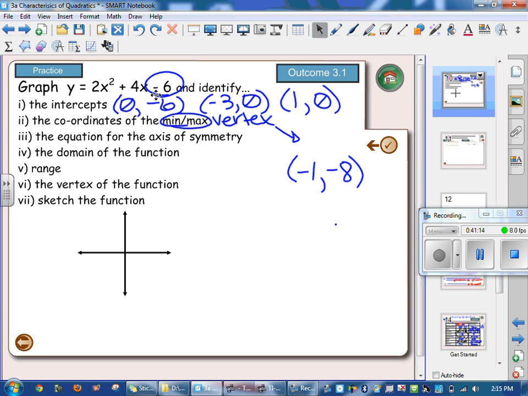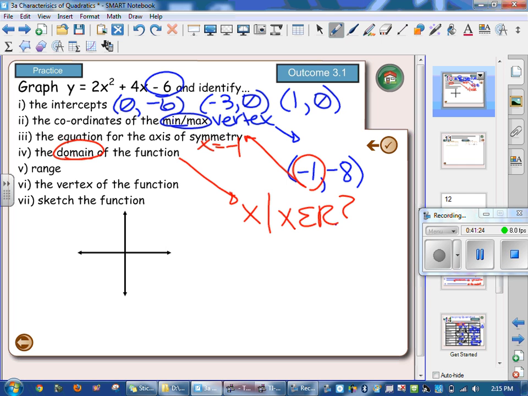Range. All right, the range, we do have a boundary. Now what kind is this? This one's going up, so we are going to have a minimum point. Since it's a minimum point, that guy goes into our minimum. So we have y such that y must be bigger than or touching -8. And again, comma, y-e-r. And put your braces in. Okay, so the coordinates of our min-max.